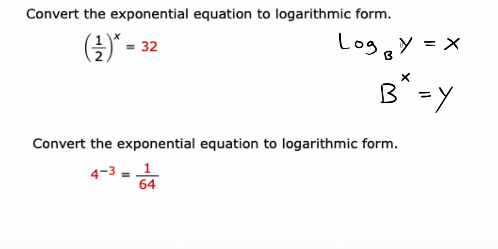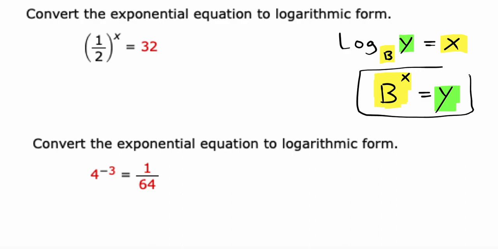So the b and the x go together on the left, and the y goes on the opposite side. So what we have here is something similar to that, but it's in exponential form, and we just need to take it back to logarithmic form now.